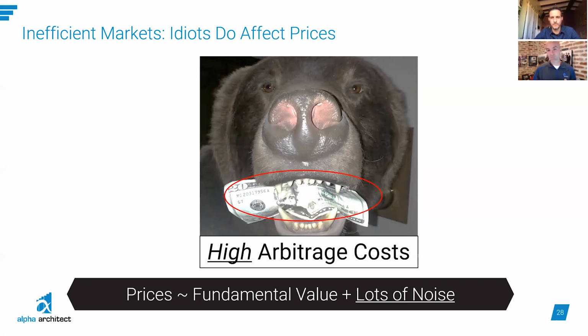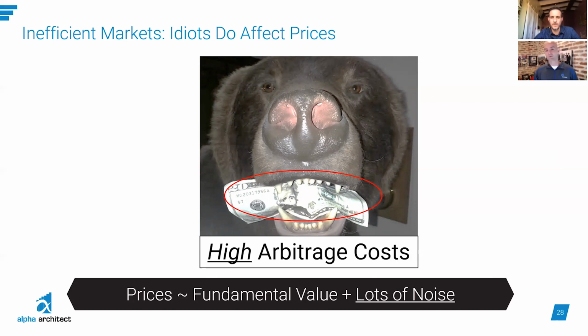But now, because there's random noise in the marketplace, people do crazy stuff, grizzly bears show up, I'm not going to try to exploit the $20 bill anymore because of the cost, right? And so what the inefficient market or behavioral finance school of thought says is that prices equal fundamental value kind of on average, but there's so much more noise out there than people give credit for, that we should actually pay attention to.